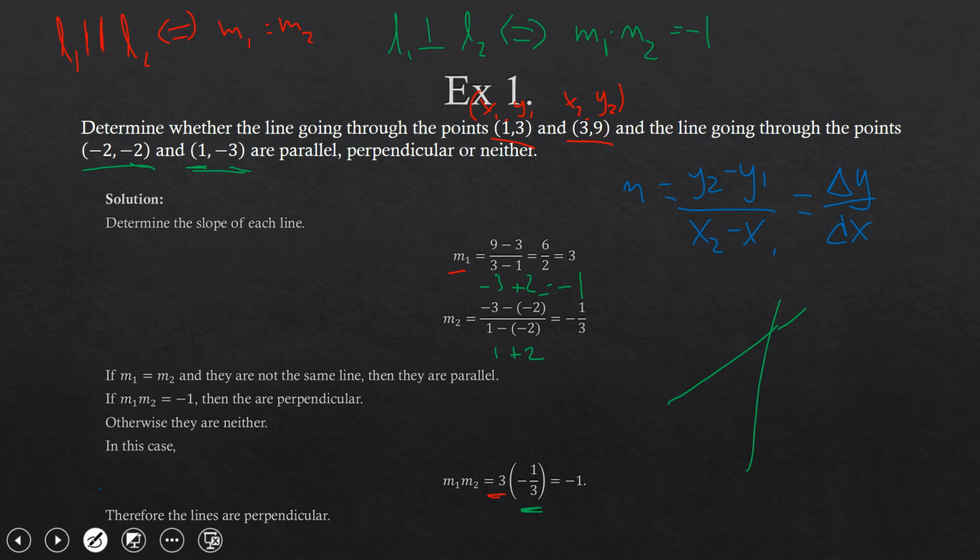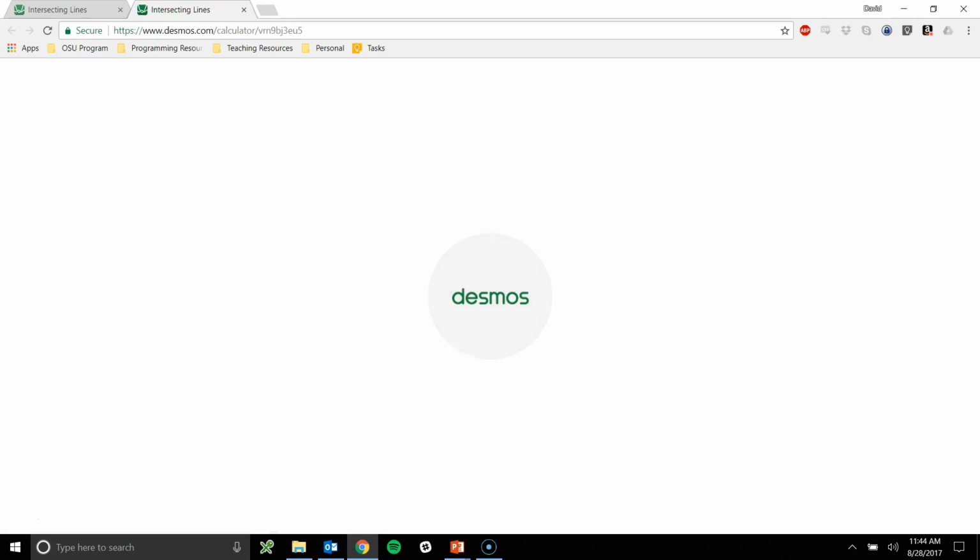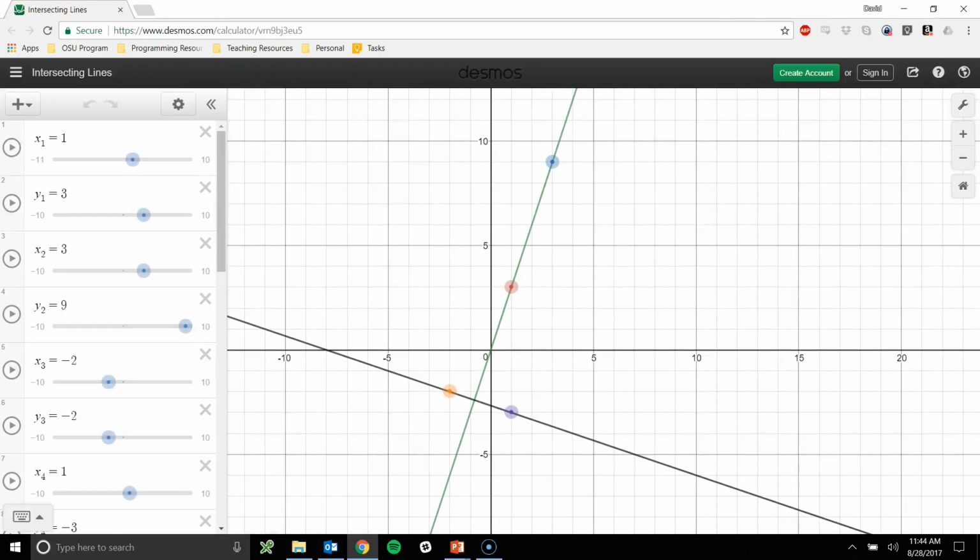Alright, so we're going to take a look at these two lines on a graphing tool just to double check for our own sake that they are in fact perpendicular, or look somewhat perpendicular. I use this program called Desmos quite a bit for graphing and visualizing math. It's basically a graphing tool with a little bit more functionality.